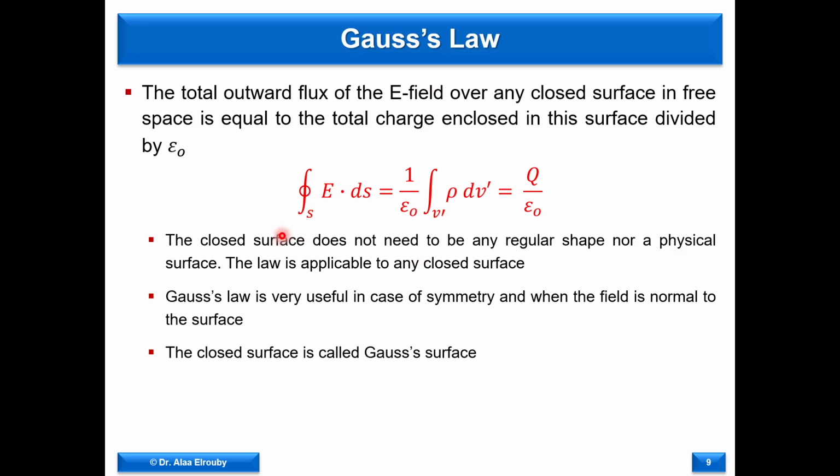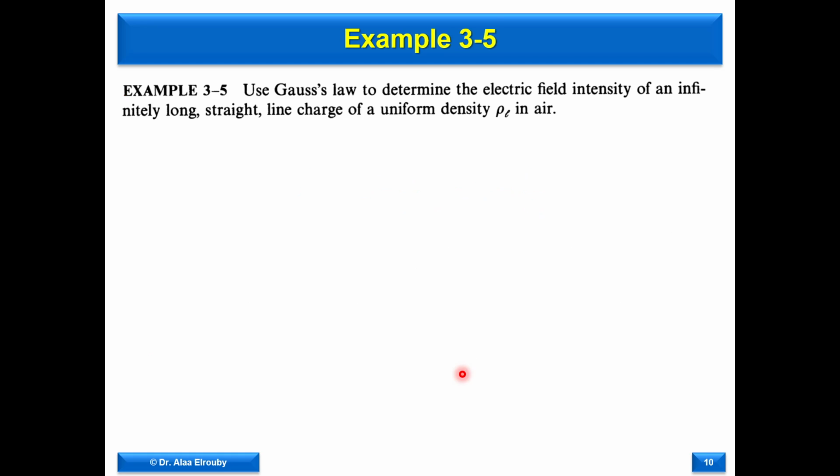The closed surface here is sometimes called Gauss's surface. Okay, so let us now practice using Gauss's law in solving a problem. Gauss's law is valid when we can choose a surface where the electric field is normal to this surface and uniform along it.